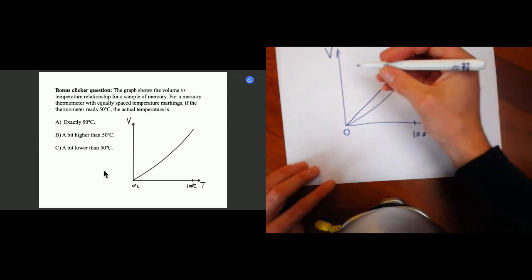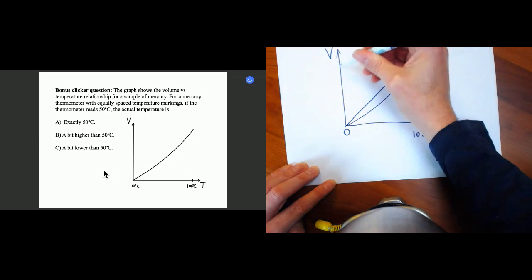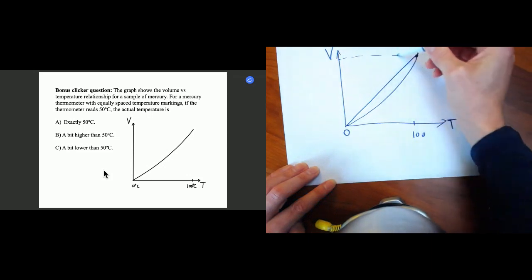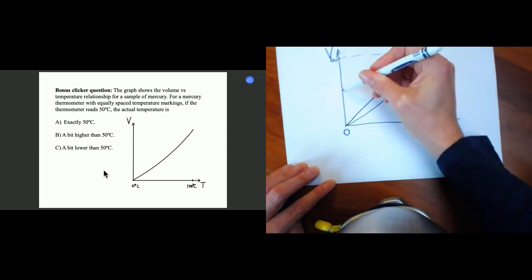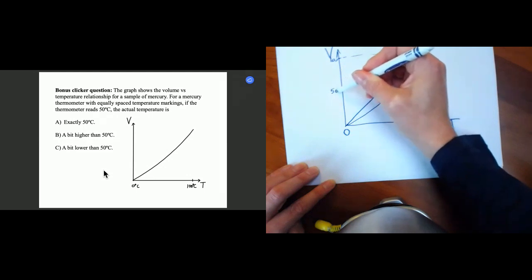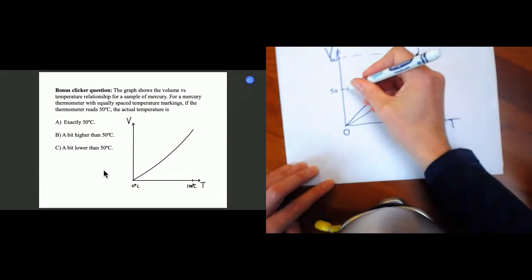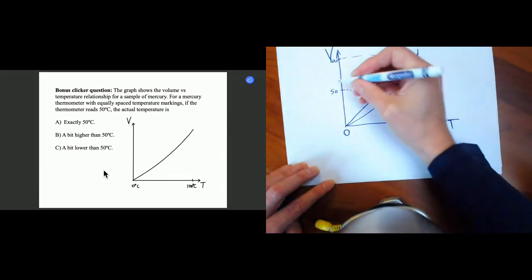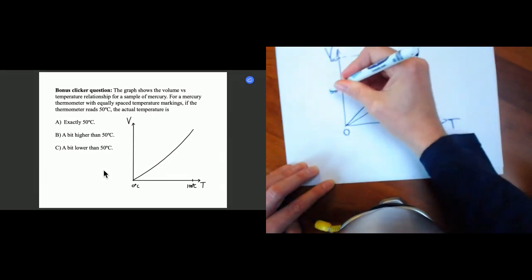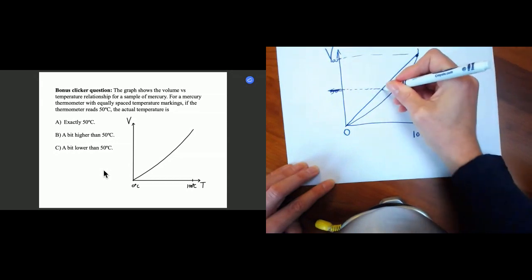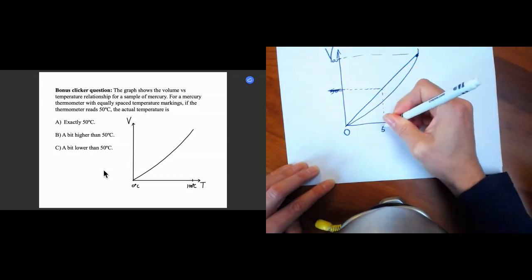Then we said, okay, this is 100, this is exactly half the volume at 50 here, and we concluded that if you are at a mark which is half of the maximum volume, the temperature would be 50.